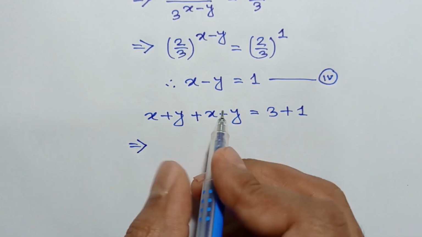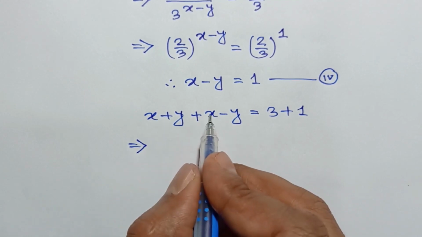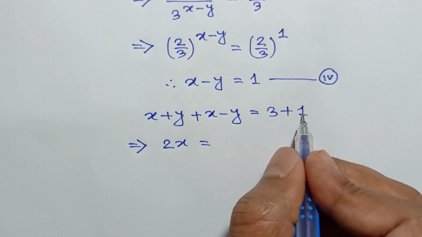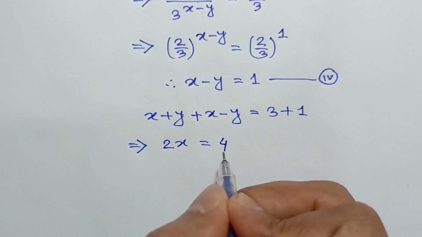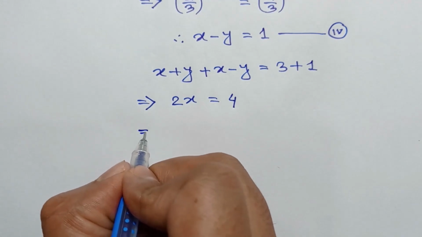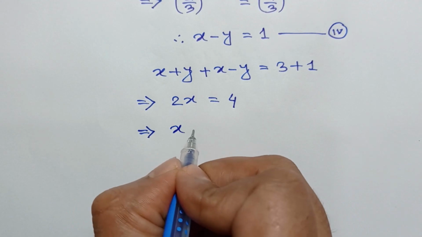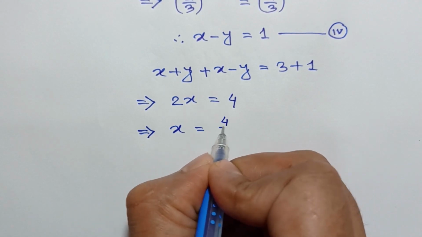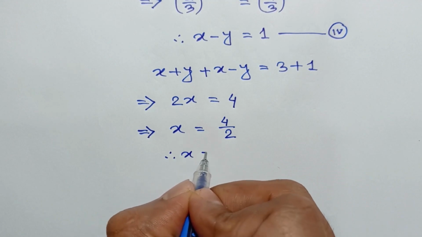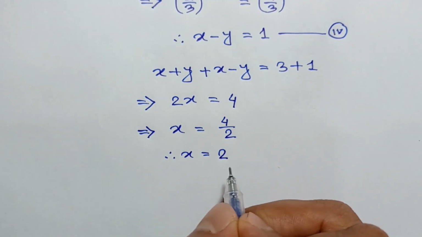The y and y will cancel out, so it will be x plus x, which is 2x, is equal to 3 plus 1, which is 4. Dividing both sides by 2, we can write x is equal to 4 over 2. So the value of x is 4 divided by 2, which is 2.